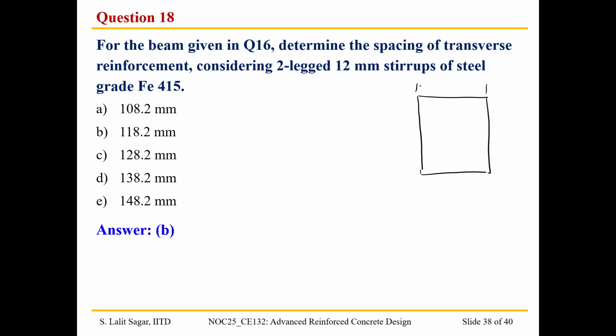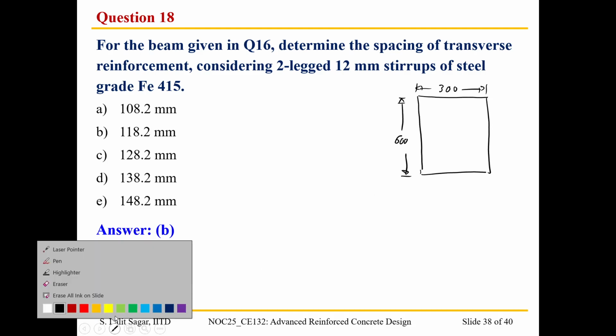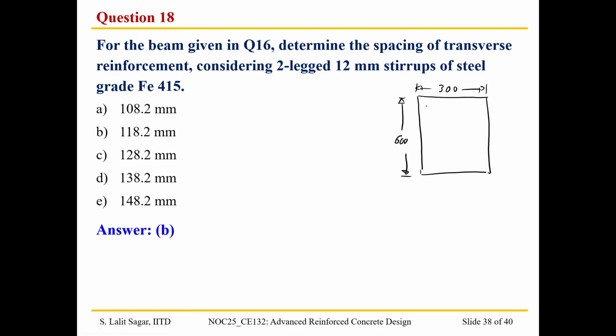It is having a width of 300 millimeter and overall depth is 600 millimeter. Now I'm going to provide the longitudinal reinforcement. So we are going to provide 5 bars of 20 mm diameter and 3 bars of 12 mm diameter.